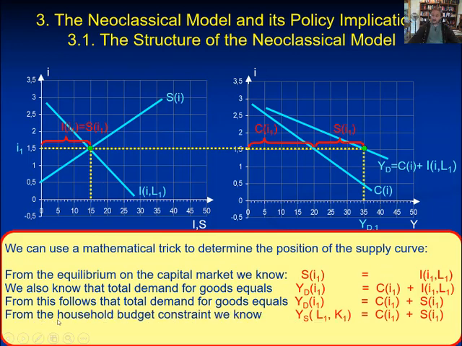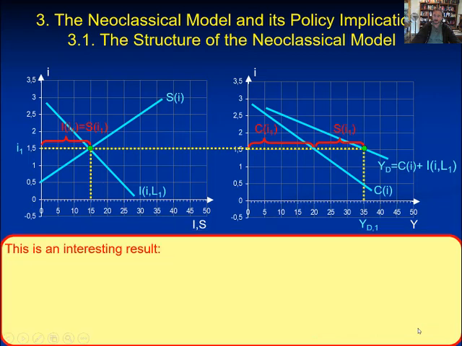From the household budget constraint, we know that consumption plus savings is equal to the total GDP produced in this economy, because total GDP equals household income. As a result, we know that total demand for goods is always equal to total supply of goods. I think this is a quite astonishing result.